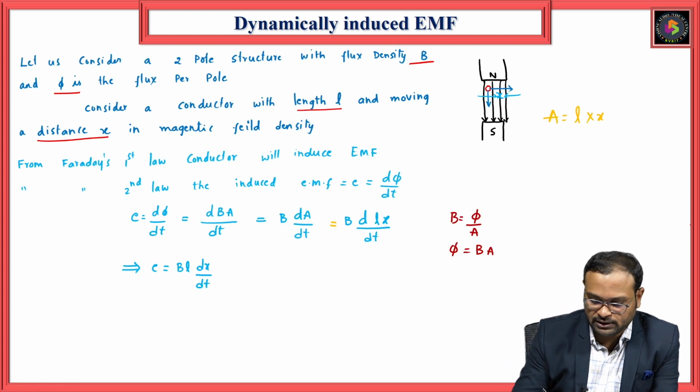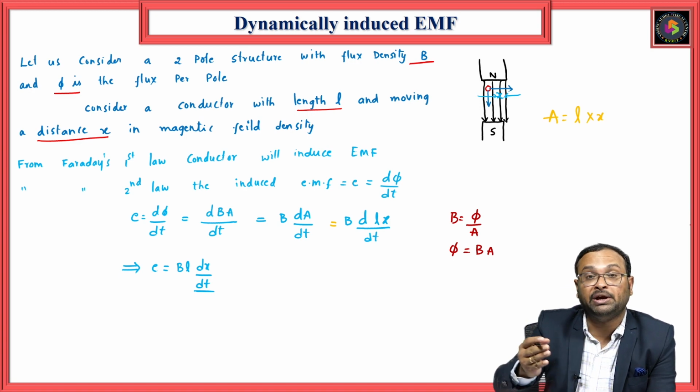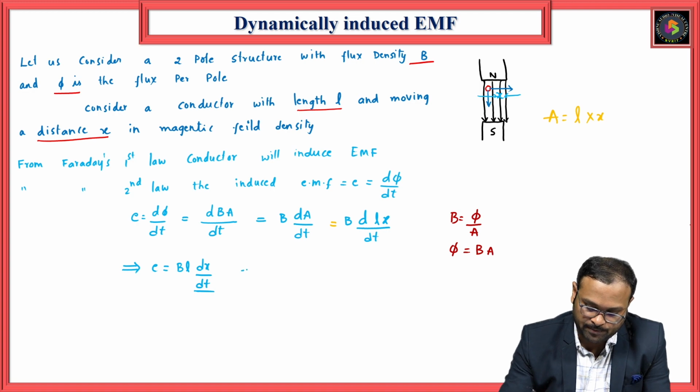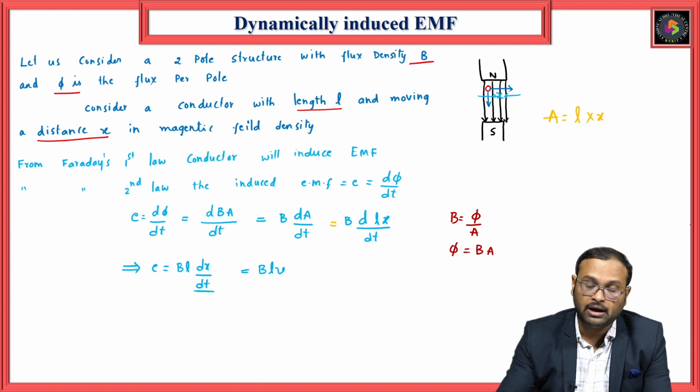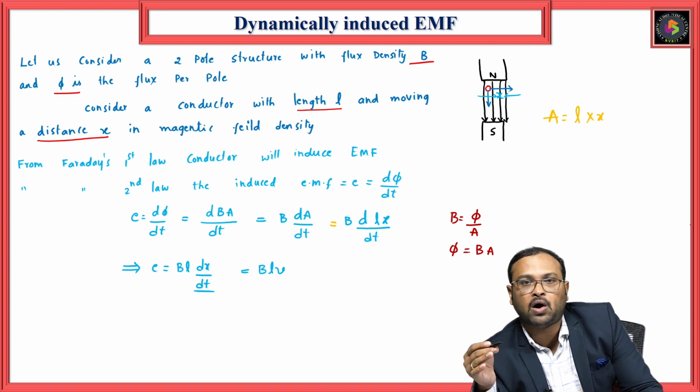Here dx by dt is the distance traveled in time, so distance by time is the velocity of the conductor, how much speed it is moving. So it becomes BLV.